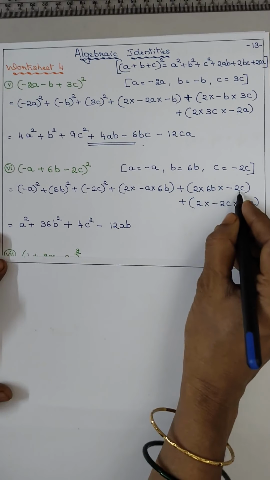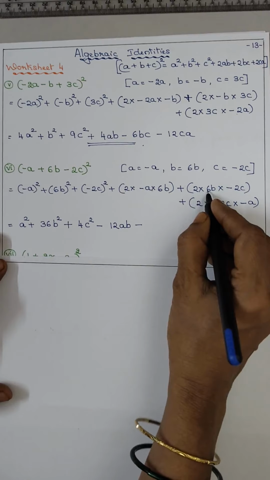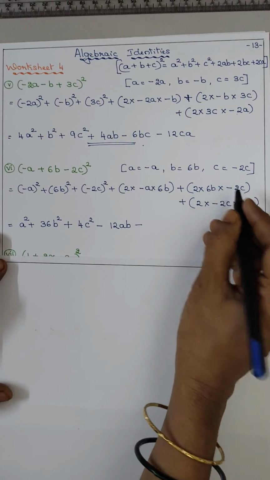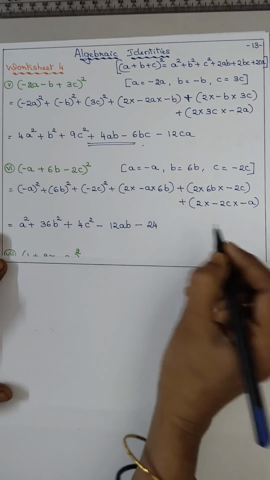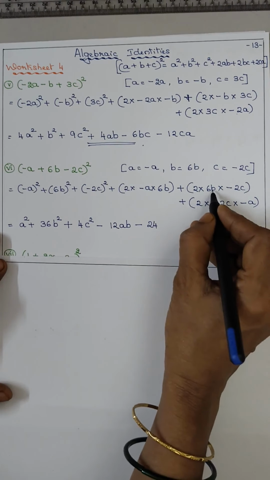Now here 1 negative, minus 2 6s are 12, 12 2s are 24bc.